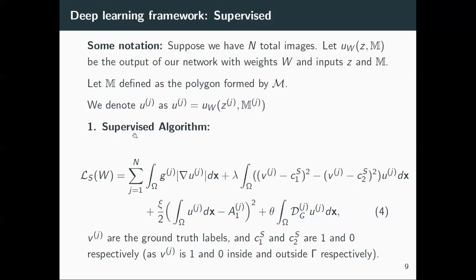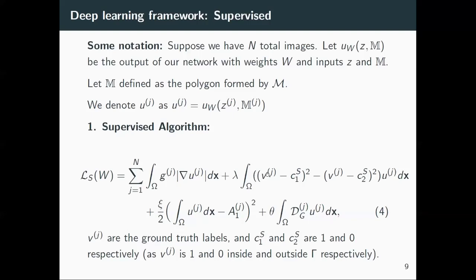First of all, the supervised algorithm: we make the loss function to be this. This is very similar to the variational approach. The only difference is the fidelity term. In the variational approach, this fidelity had the image minus C1 and the image minus C2, where C1 was the average intensity inside the contour and C2 the average intensity outside the contour. In the supervised approach, we can make use of ground truth labels.